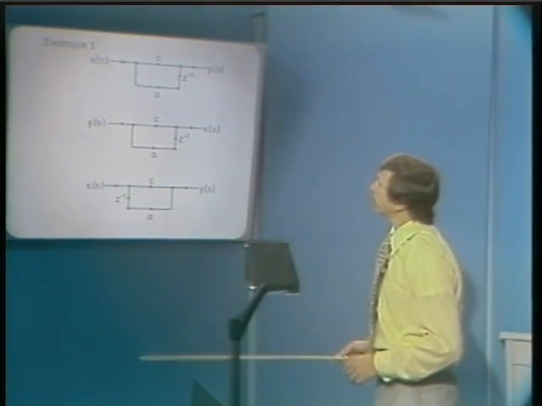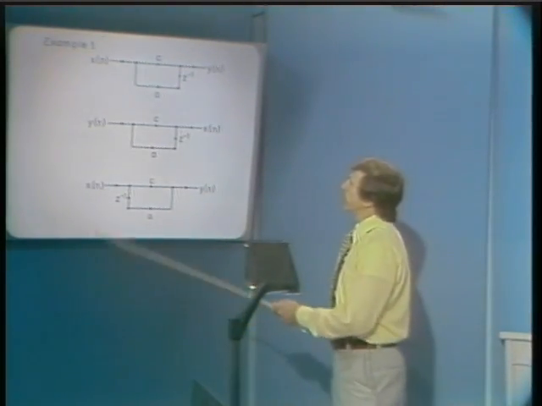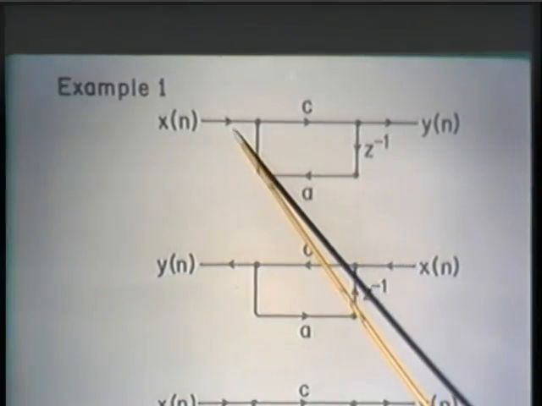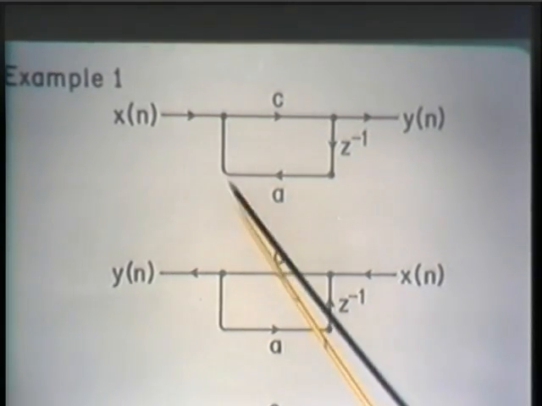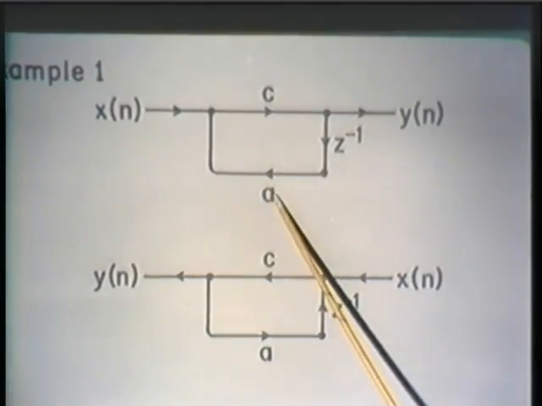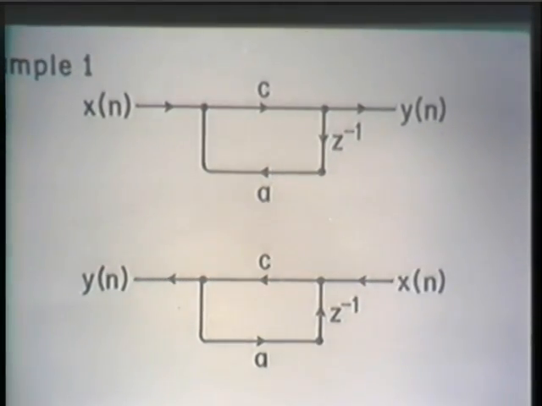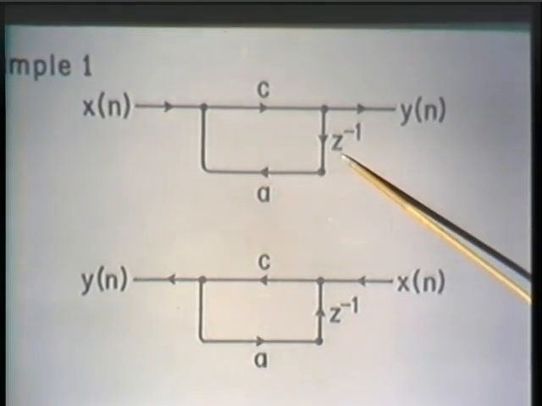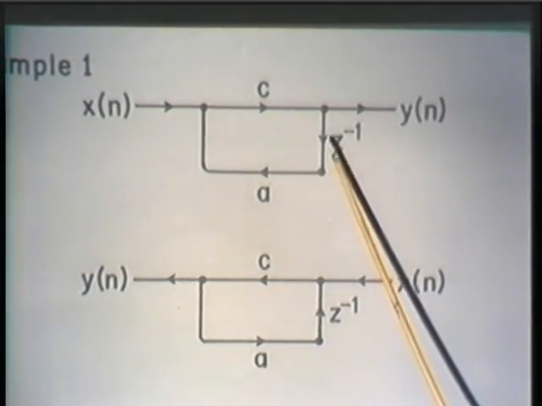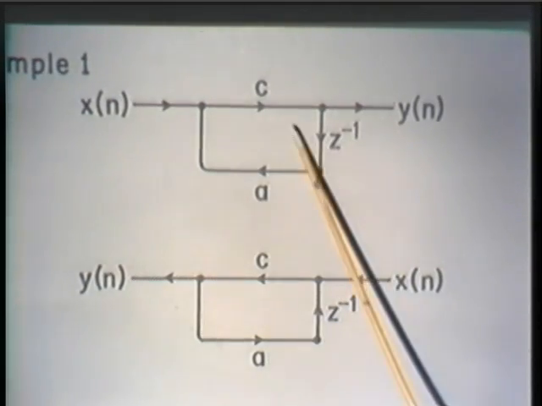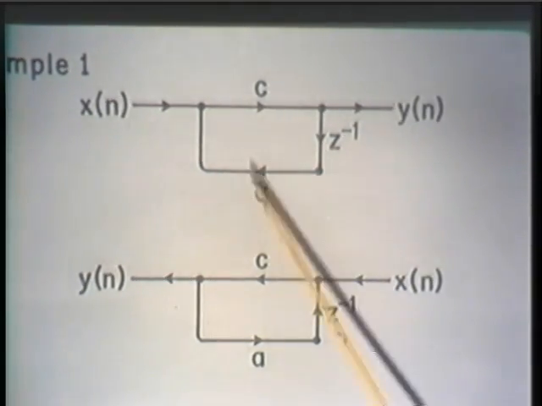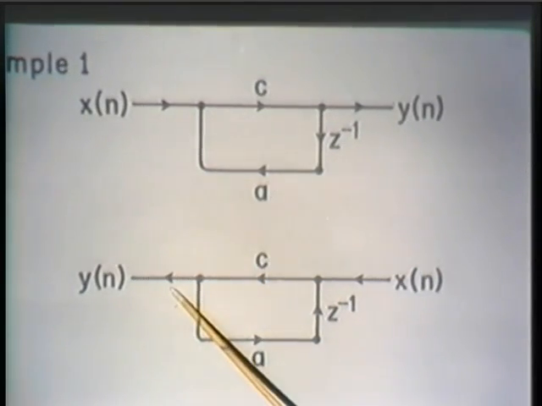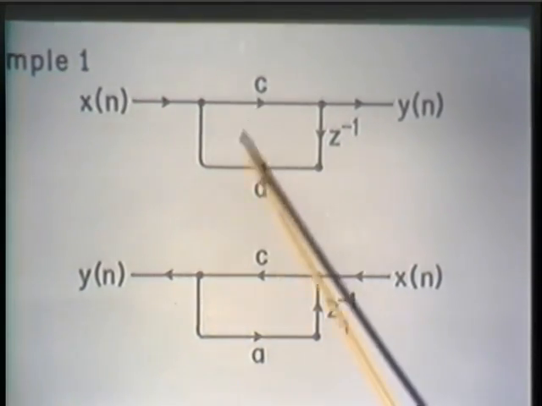Well, to illustrate the transposition theorem, let's begin with a simple network, just a simple first-order network, two coefficient branches and a delay branch. The transposition theorem says that we want, first of all, to reverse the direction of all of the branches. So this branch gets turned around, again with a gain of unity.